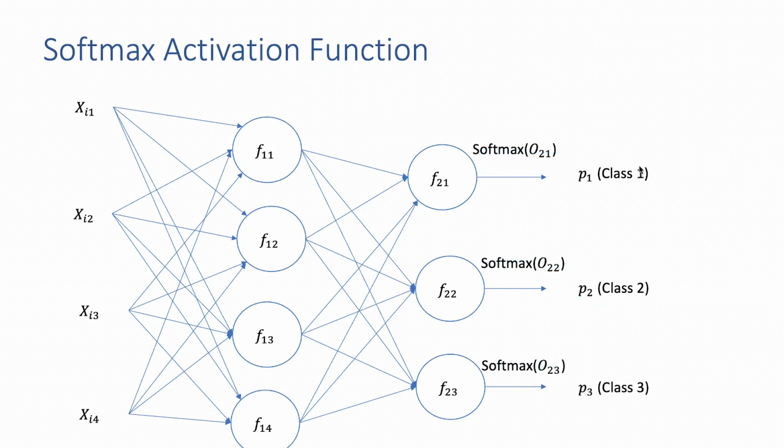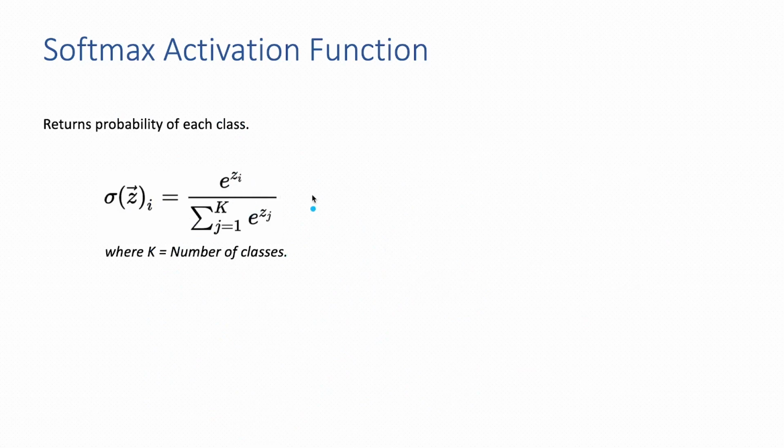Softmax considers these exponent values. So whatever logit values you had, let's say 2.0, minus 2.0, and 0.1 are 3 different logit values corresponding to O21, O22, and O23 that we have seen in the previous slide.